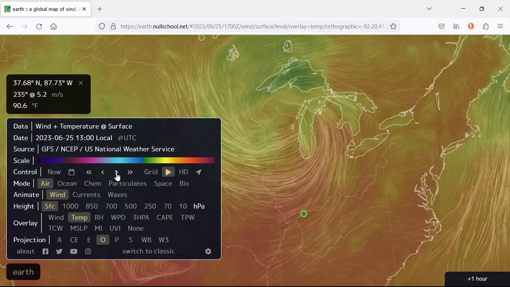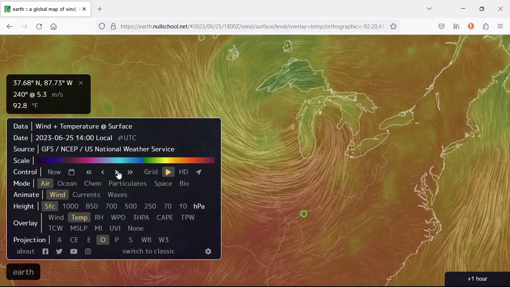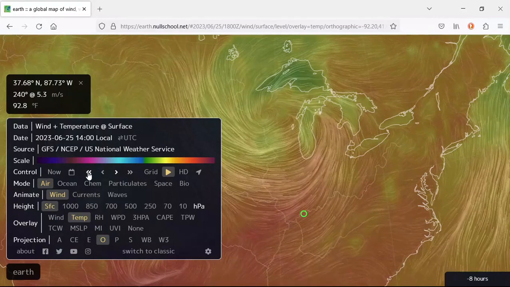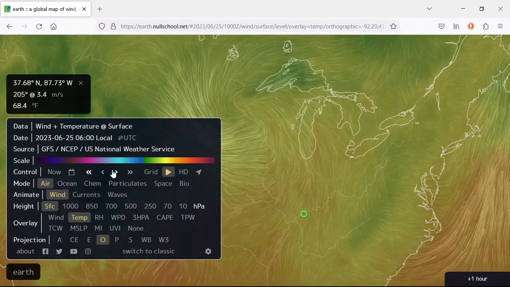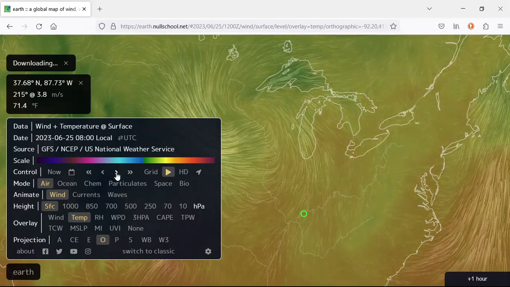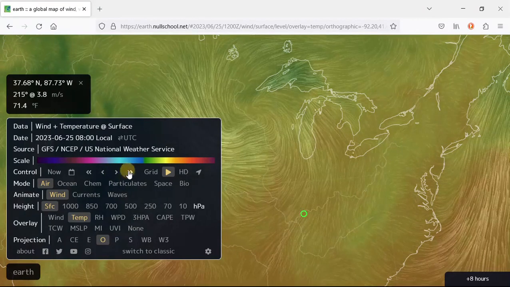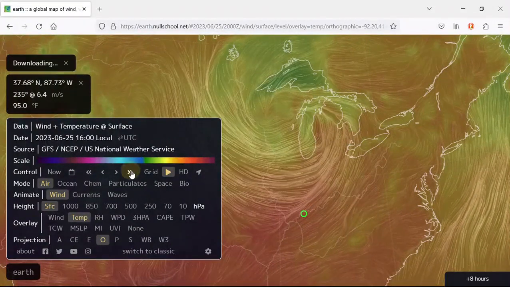We can also start putting this into motion. So here it's going by the hour, 6 o'clock local, 7 o'clock local, and then in this case it's toggling every 8 hours, moving it faster along.